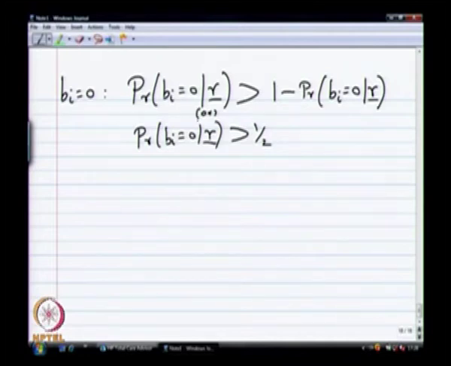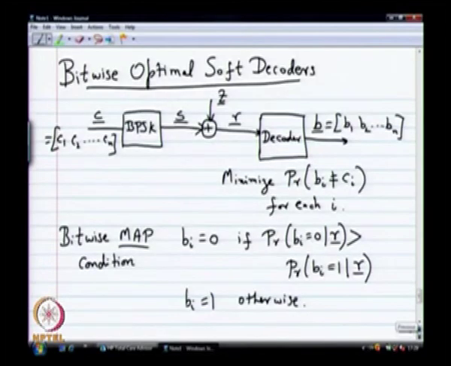Another very popular equivalent condition uses what is known as the log likelihood ratios, okay. So what you do is, Bi is 0, so you go back and see this: the probability of Bi is 0 given r greater than the probability of Bi is 1 given r. You divide both sides by the right hand side, okay.